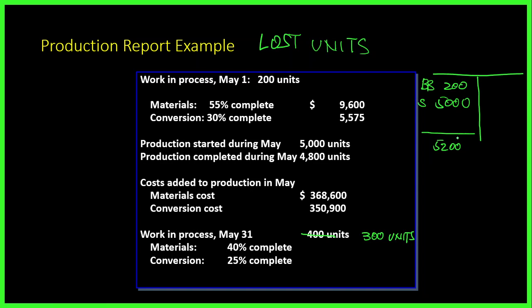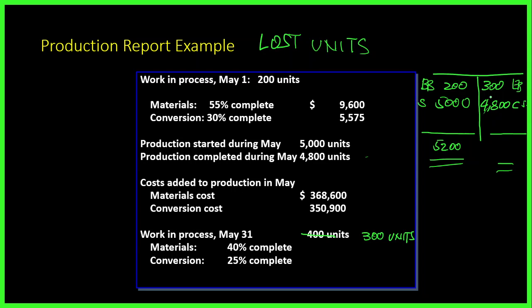Pero hindi mo natapos lahat ng 5,200, you were only able to finish 300 units. Okay, that's your ending balance. Natapos mo yung, ayun, 4,800. You were able to finish 4,800 units lang, completed and transferred.